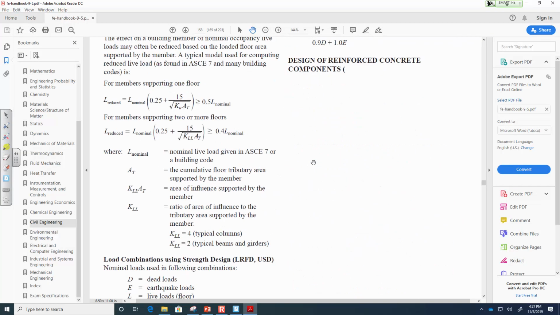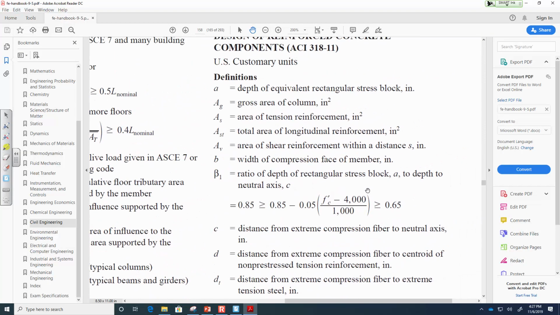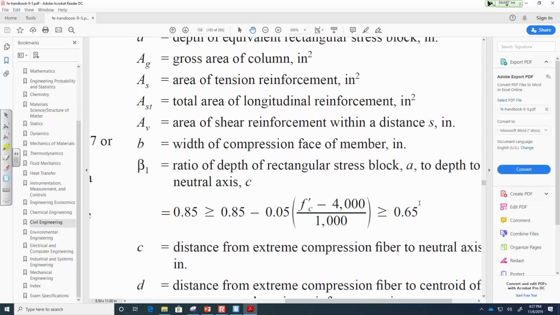Remember, there's always the manual. Beta 1 ranges anywhere between 0.85 and 0.65, and it's sort of a measure of your ductility. If you have really high compressive strengths, your beta 1 value goes down. Now we have a really low compressive strength on this problem, because our f'c is only 3 ksi, or 3,000 psi.